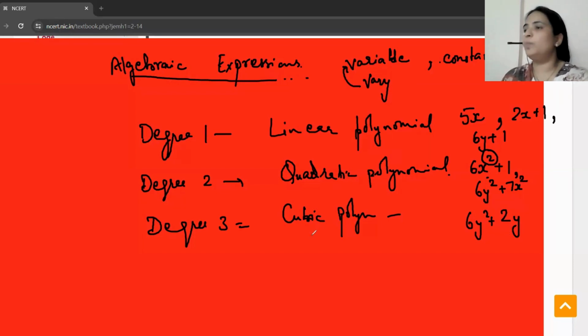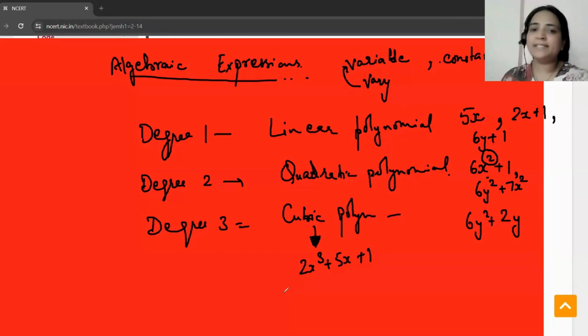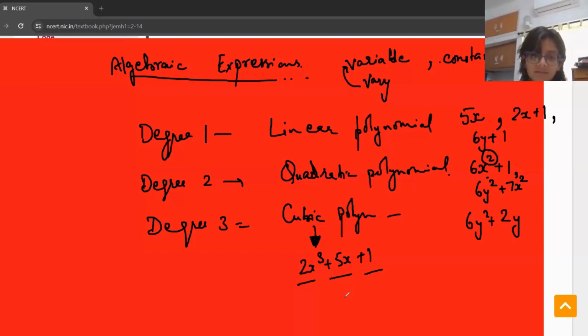Okay. So cubic polynomial, tell me, Gauri, one example for it. Ma'am, 2x cube plus 5x square plus 1. Very good. So do we necessarily have three terms here, Gauri? No, ma'am.